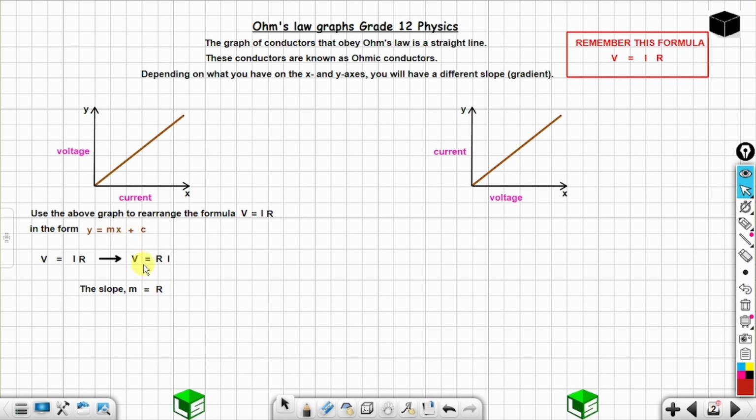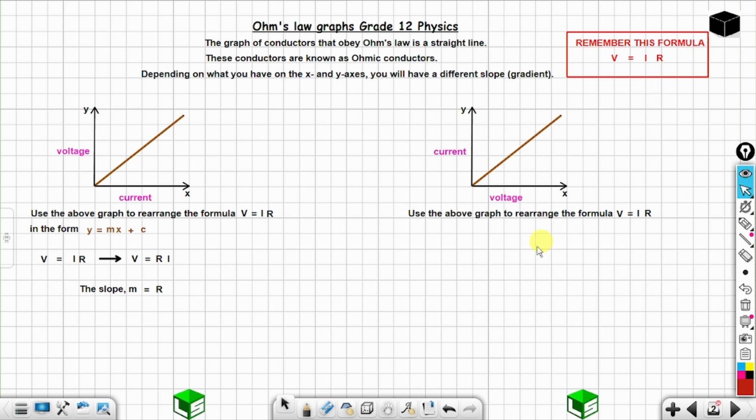Now when you have current on the y-axis and voltage on the x-axis, what will be the slope? You are going to use the above graph to rearrange the formula, still the same formula. You have to remember this formula because you are going to use it in many problems.